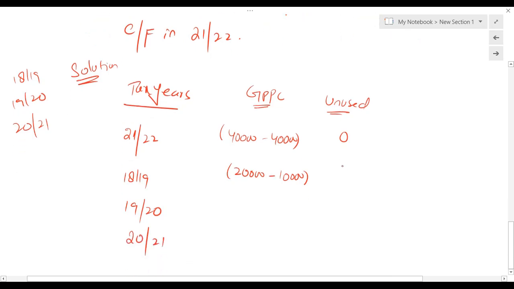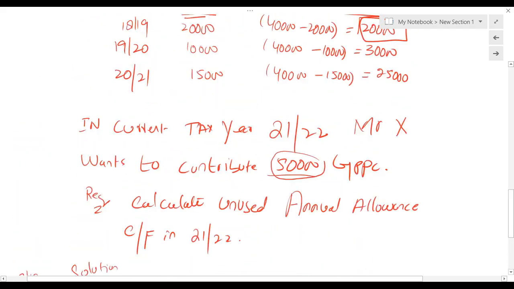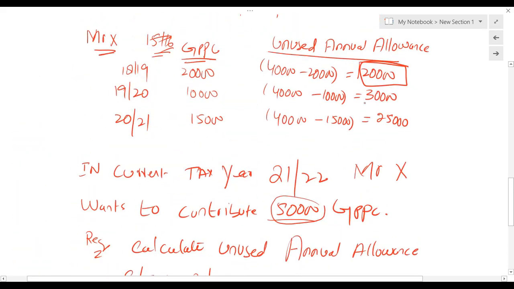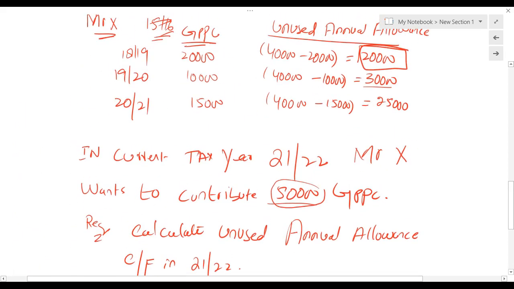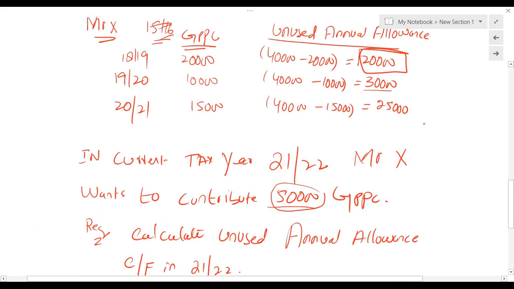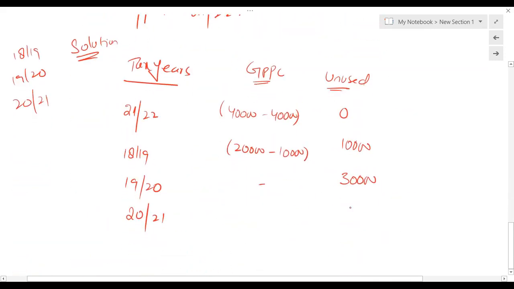So I will be left with this. In 19-20, unused limit is 30. I'm not using any limit from this 19-20, so 30 will remain 30 unused. And in 20-21, I have 25. So still I have unused limit 10, 30 and 25.